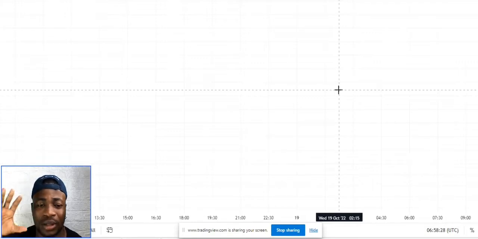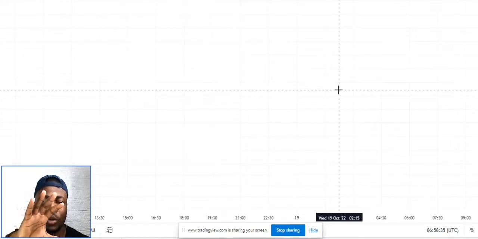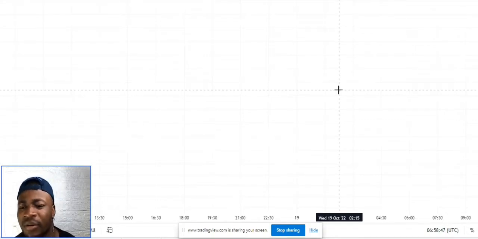So for example, you're gonna look at the bigger picture, and then you're gonna use this bigger picture in order to make a small decision, in order to basically take a trade. Obviously you might not understand exactly what I'm talking about, but we are gonna go into the video and break it down further so that you understand exactly how this actually works.